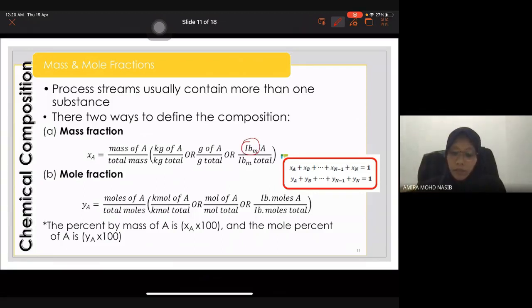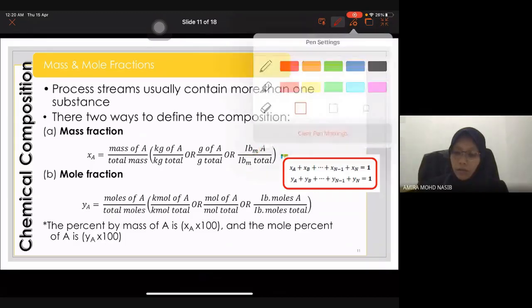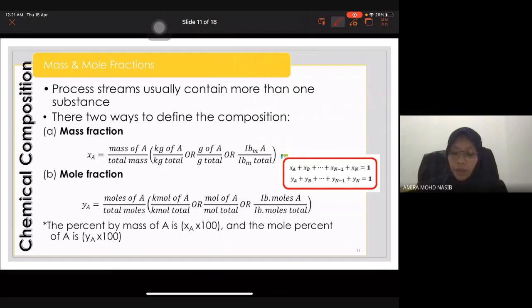Let's say in a tank you have a few substances such as A plus B plus C. Let's say A you have 50 gram, B you have 20 gram, and C you have 30 gram.